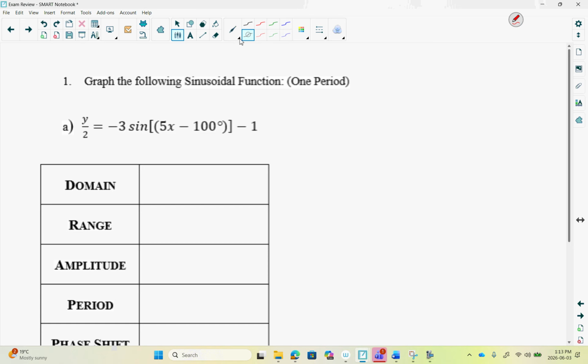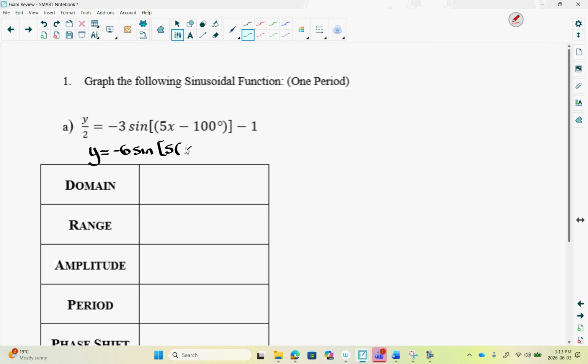What would my equation be if I put it in standard form? How would I get rid of the divide by 2? Times it by 2. And on the right-hand side, I would multiply the A value and the K value. So negative 3 times 2 would become negative 6. What am I going to factor out in here? 5x minus 100.